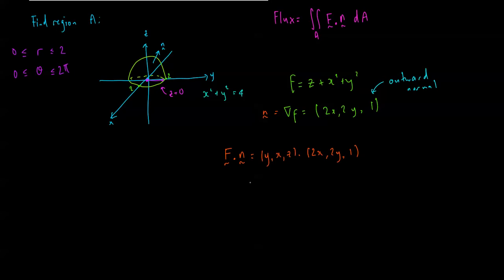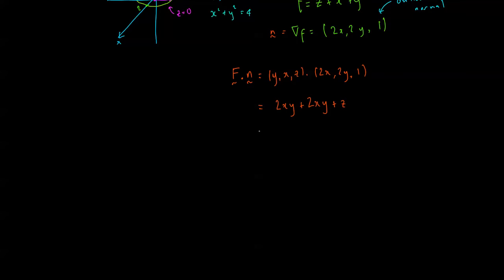So it's equal to 2xy plus 2xy plus z, which is equal to 4xy plus z. Okay, so now we're ready to do the flux.